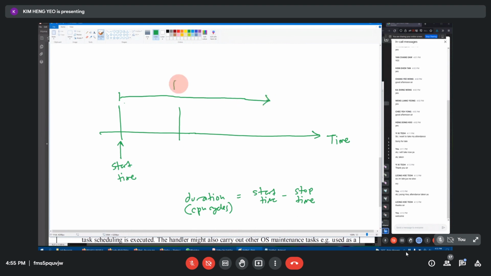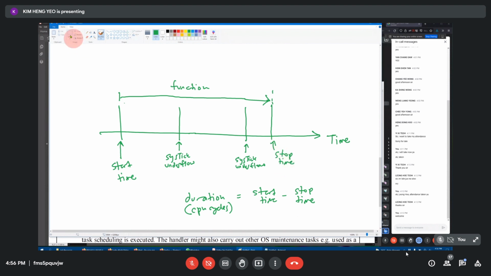At this point, SysTick underflows, and then at this point, SysTick underflows again. Underflow means SysTick counts to zero, and then underflows. And then here, this is the stop time.